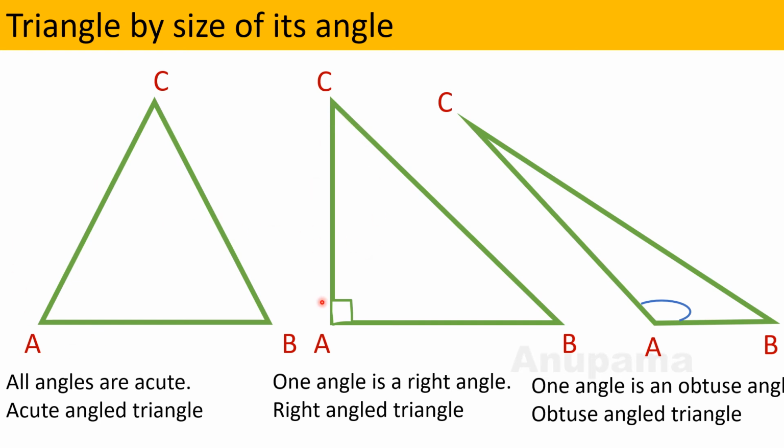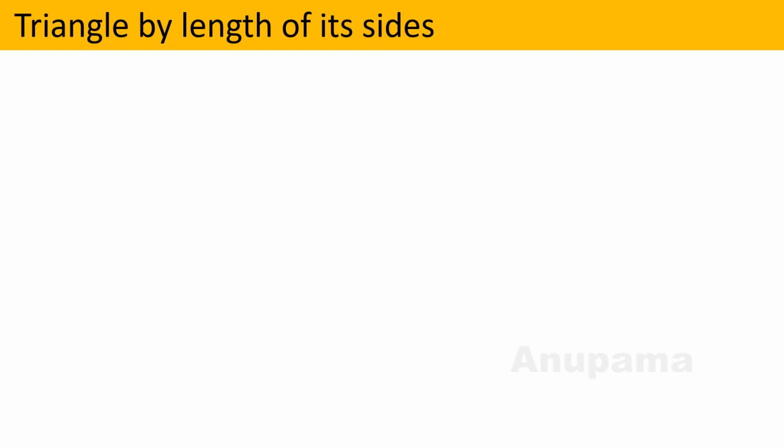If in any triangle any one angle is right angle, or we can say 90 degree, then it is called right angled triangle. And if in any triangle one angle is obtuse angle, then it is called an obtuse angle triangle.